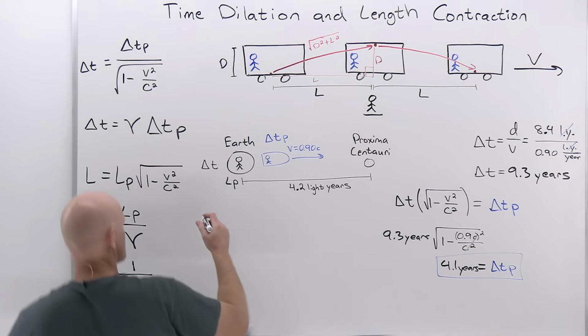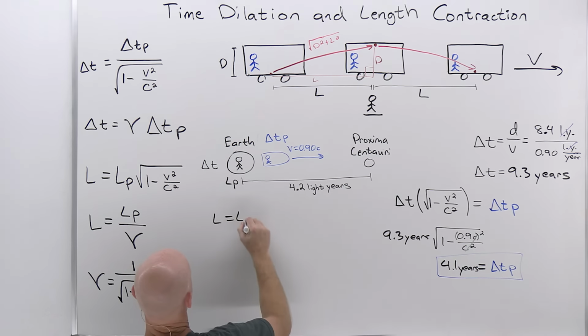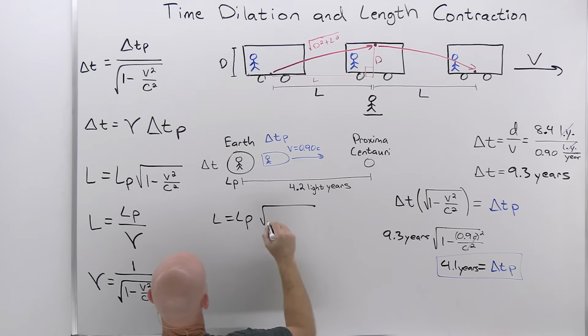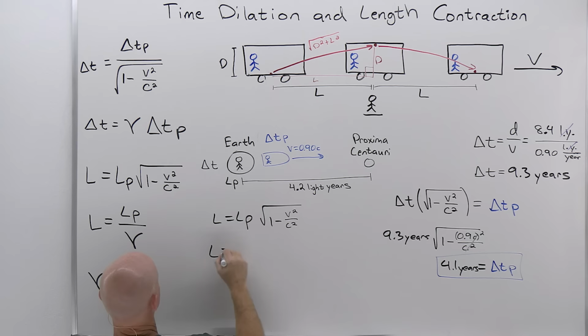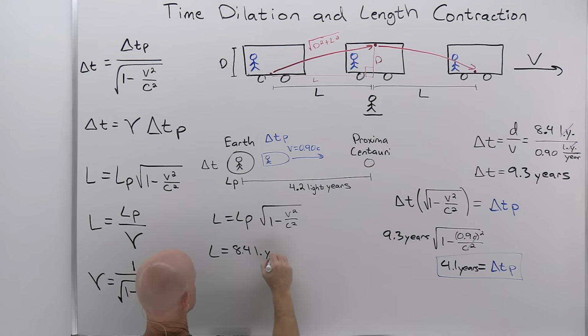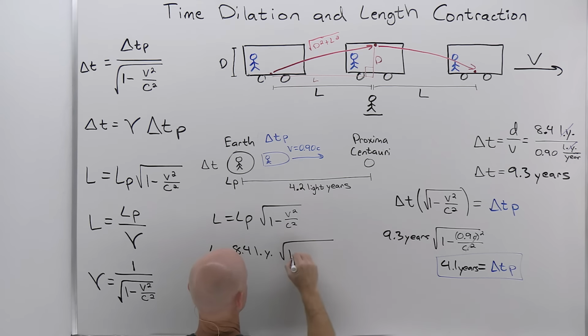Again, we've got L equals L_P times the square root of 1 minus v squared over c squared. So L is going to equal that 8.4 light years times the square root of 1 minus 0.9c all squared over c squared.